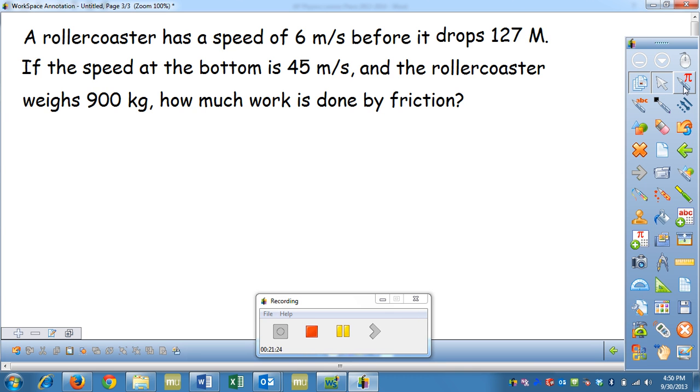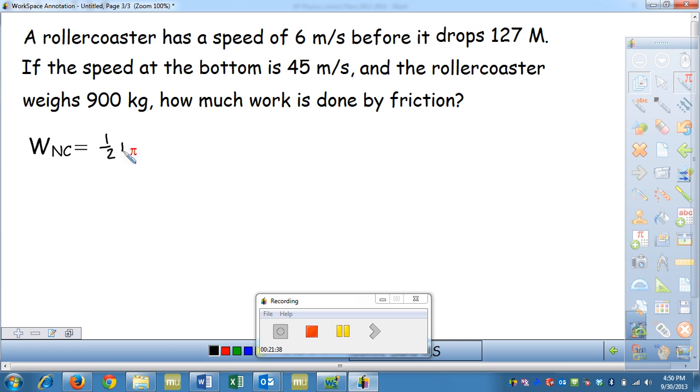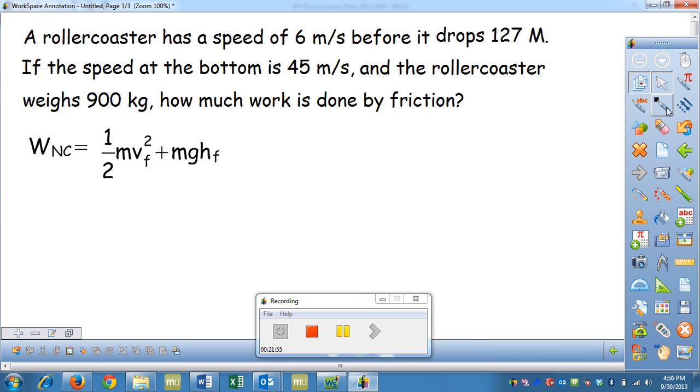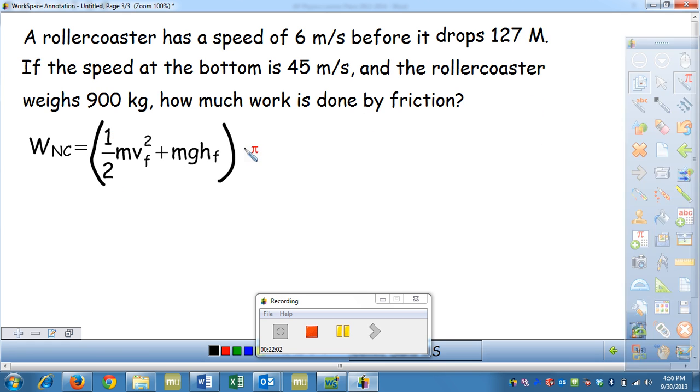Here we go. Let me try it. I know that the work done by non-conservative forces is equal to 1/2 m v final squared plus m g h final, minus 1/2 m v initial squared plus m g h initial.